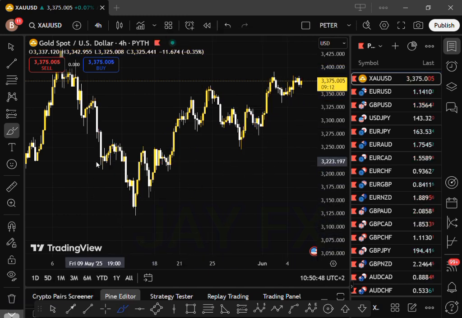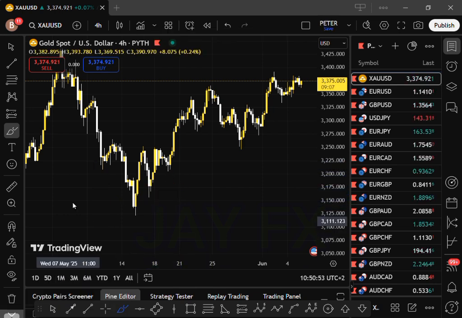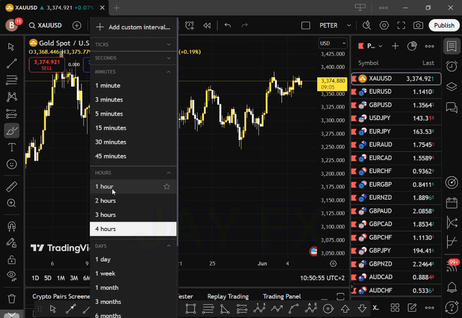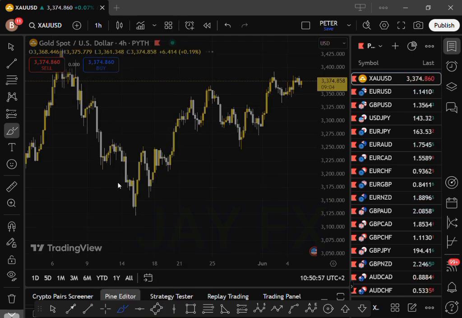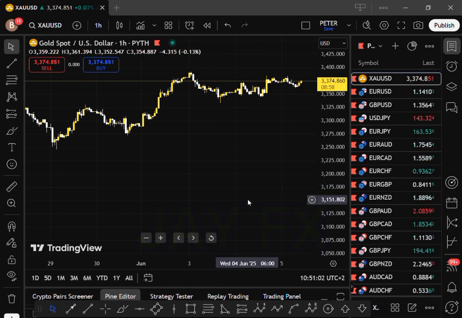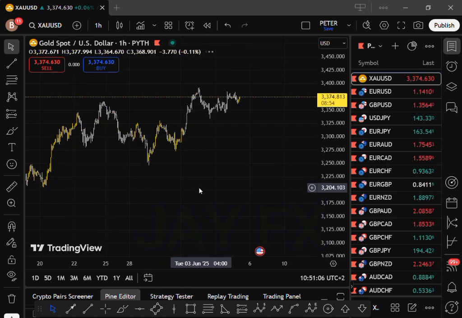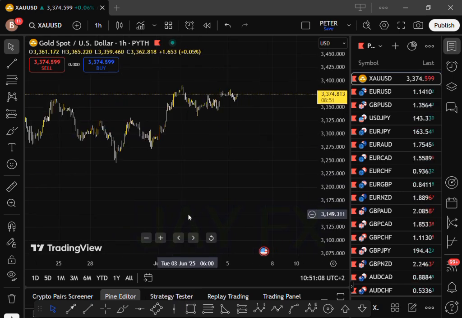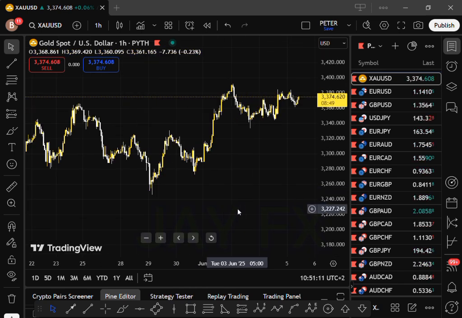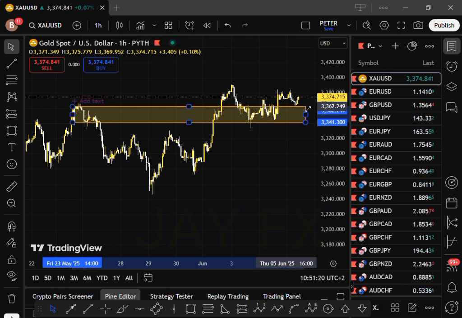So this is the 4 hour time frame. Let's just jump to 1 hour and check what you can see from there. What you can see without wasting time is that after breaking this zone, this is the key that shows us everything that we need to know.